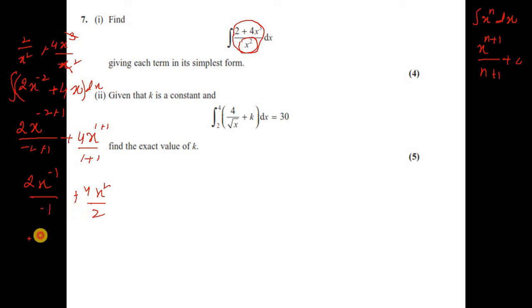You can say that minus 2 over x, I am sending x to the power minus 1 to the denominator, so minus 1 becomes plus 1, and this 2 cancels, 2x squared plus c. Don't forget to write plus c when you are integrating. So this is your final answer.